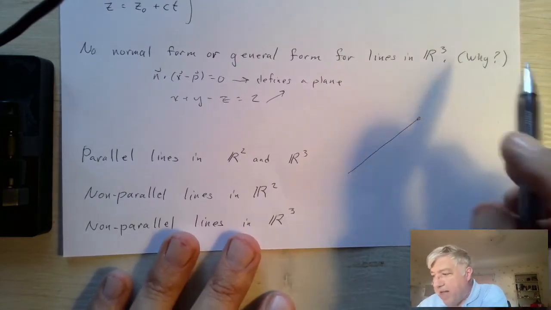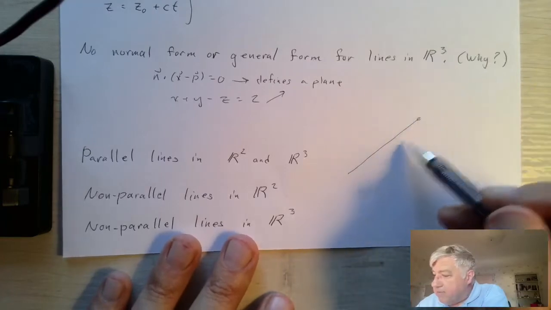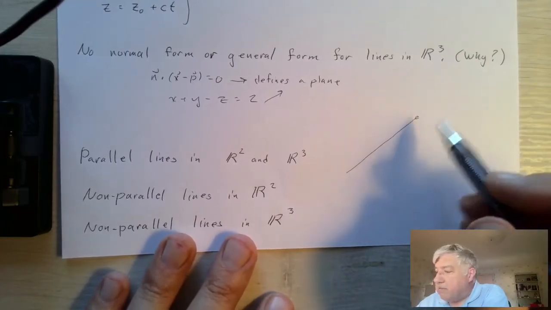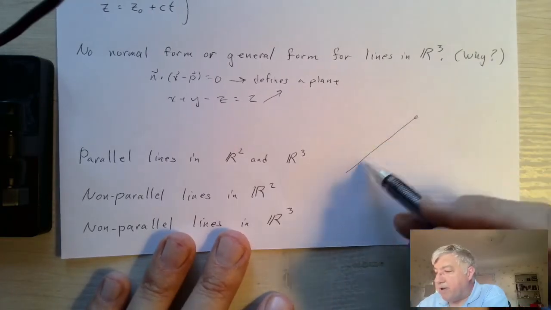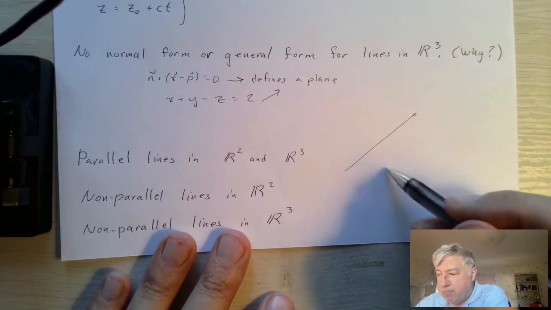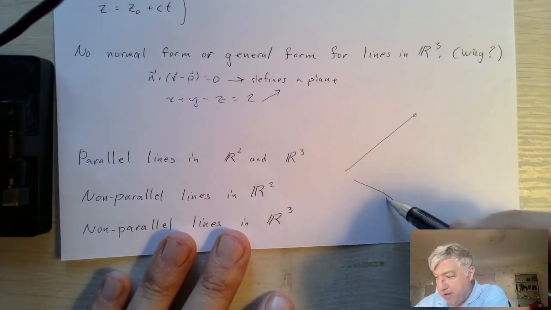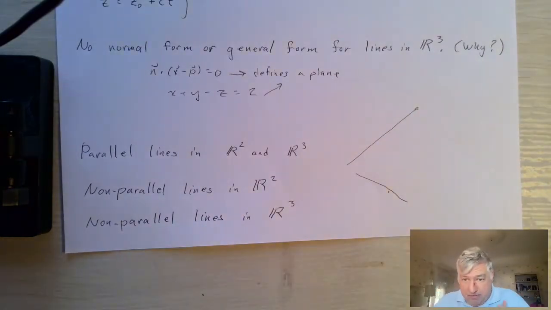For example, you could have a line which is always above another line, where the z coordinates are always above. Okay, so the directions would be quite different, but they would not meet. So that's the difference between parallel lines in R2 and R3.